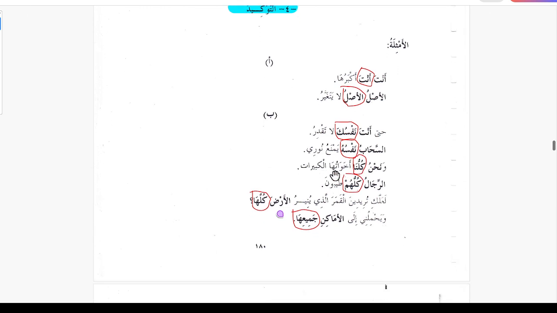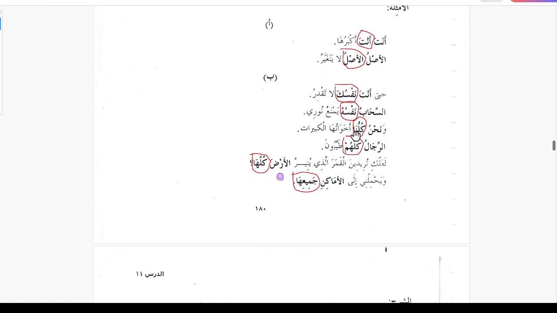وَنَحْنُ كُلُّنَا أَخْوَاتُهَا الْكَبِيرَاتِ, and we, all of us, are your older sisters. So kulluna.